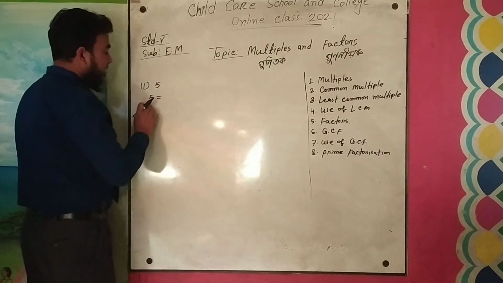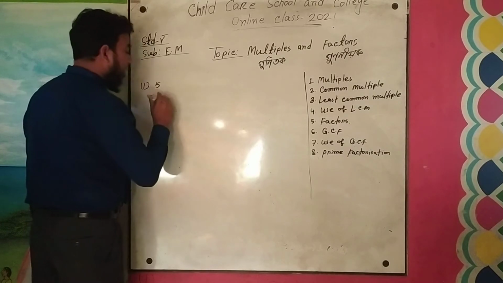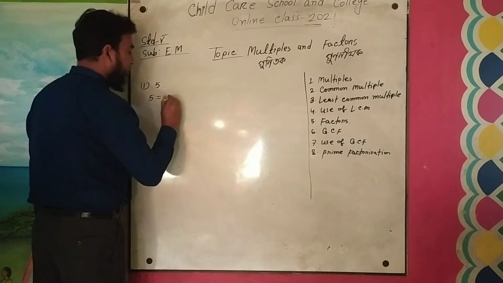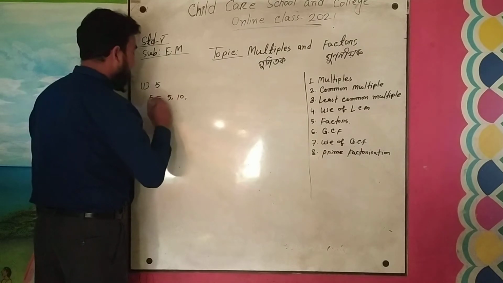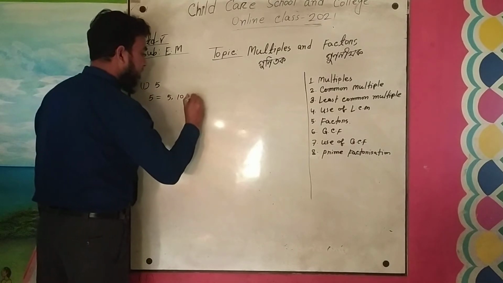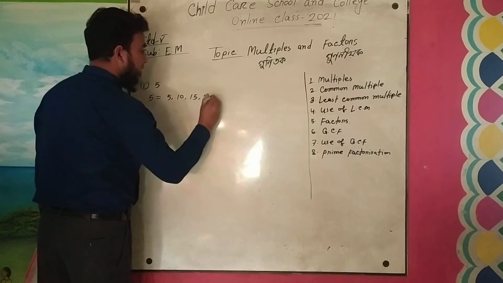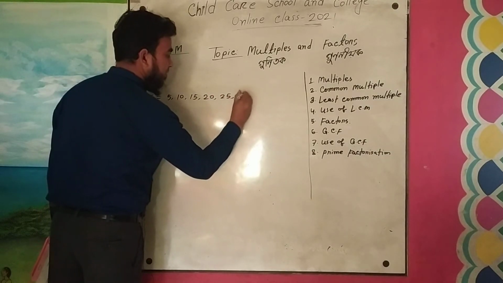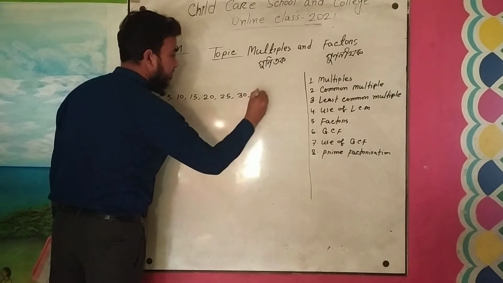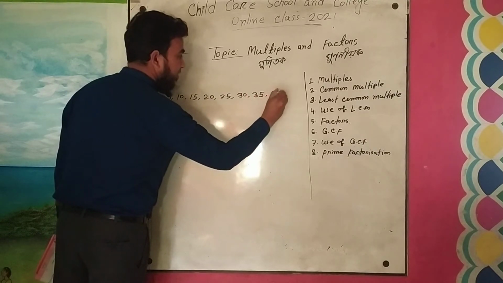So if we multiply 5 by 1, it will be 5. Then 5 by 2 is 10. Then 5 by 3 is 15, 20, 25, 30, 35, 40.